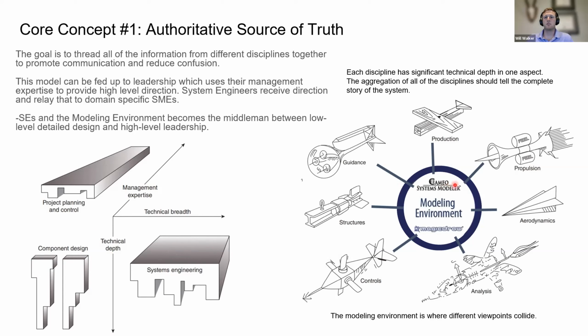So moving forward to the right side of the screen, it's a cartoon that explains how different SMEs, or subject matter experts, will have a different viewpoint of what the model is. We've got a plane here, so production sees this view, Aero sees this view, and this is really how it works.